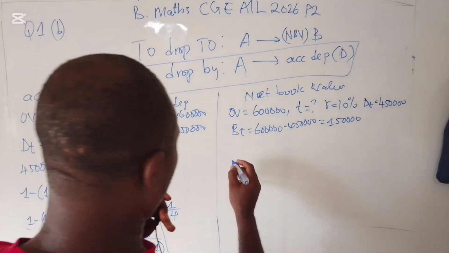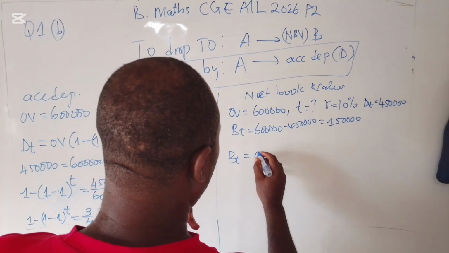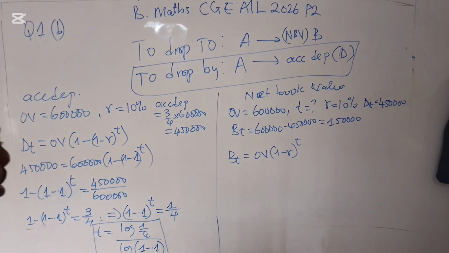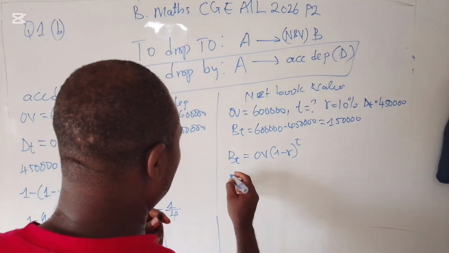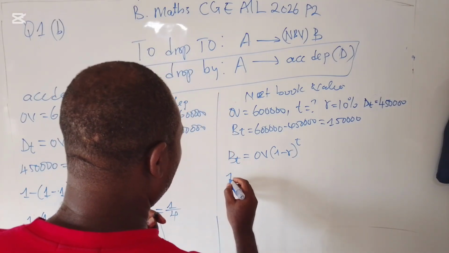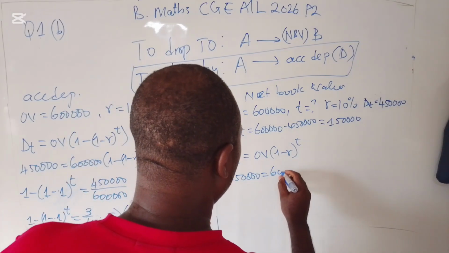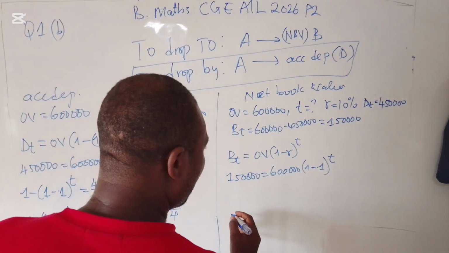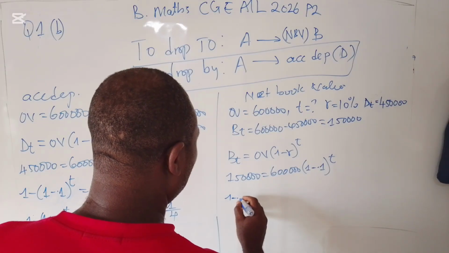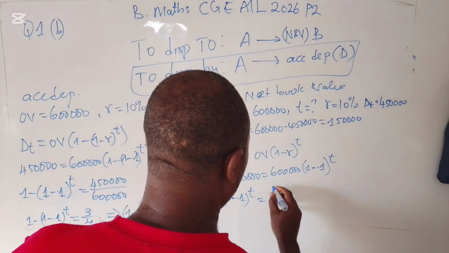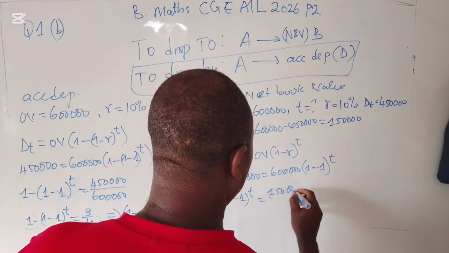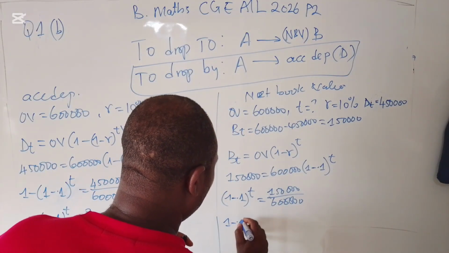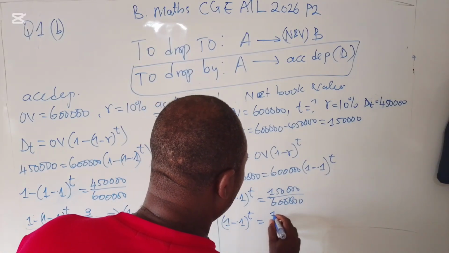So now let us use the net book value formula. Net book value at the end of T is equal to OV times (1 minus R) to the power T. Our net book value is 150,000 at the end of T, so we have 150,000 is equal to 600,000 times (1 minus 0.1) to the power T. So we can say that (1 minus 0.1) to the power T is equal to 150,000 divided by 600,000, which is 1 over 4.